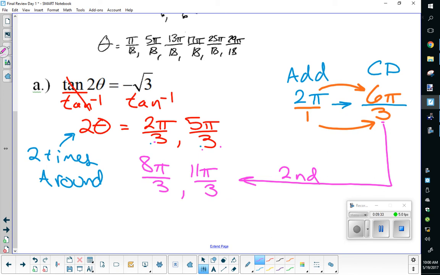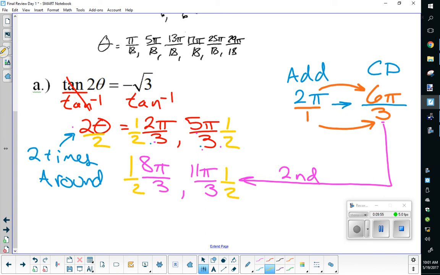Almost done, but not done yet. What do I still need to do? I don't have to do it again because it's just 2. I've got 2 sets of answers. That's my first set of answers. That's my second. I still have to do something at the bottom. It was 2 theta. How do I get rid of the 2? Divide by 2, which is the same thing as multiplying by a half.